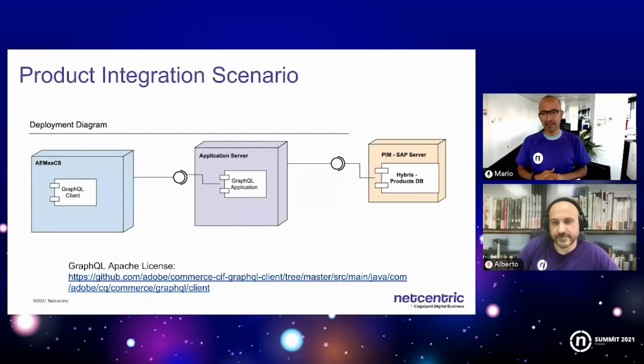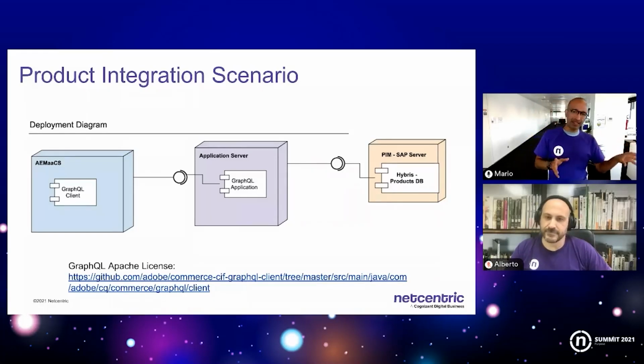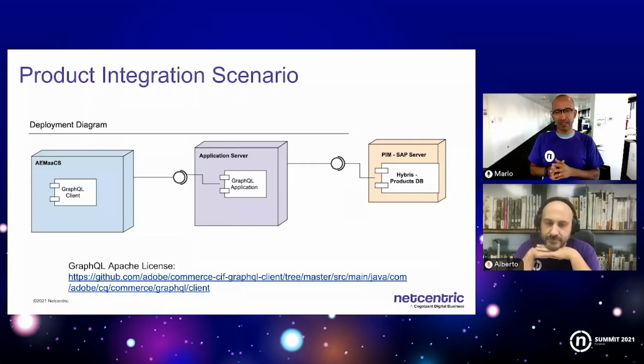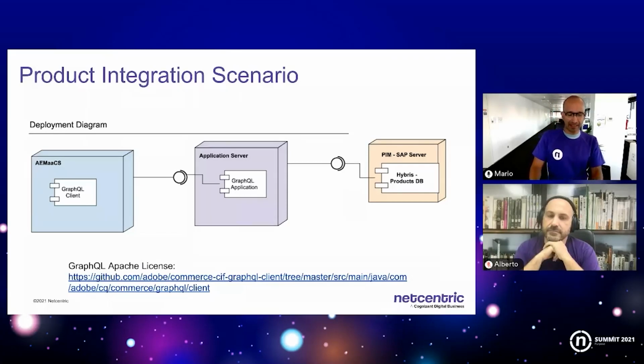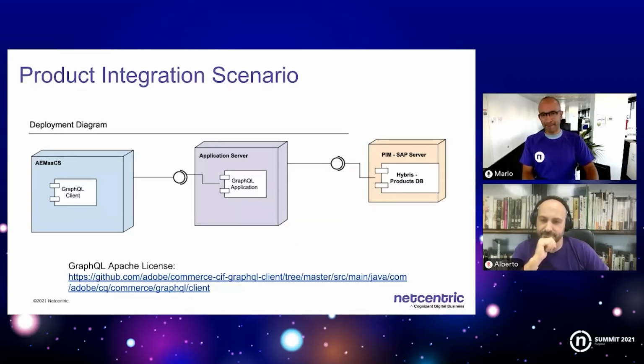It comes from the CIF, the Commerce Integration Framework from Adobe. So it's very nicely embedded into AEM because you normally think of a GraphQL client outside AEM with your own stuff, but in this case, it allows you to integrate with configurations, with promotion to different environments, to different things. And you see that along the way.